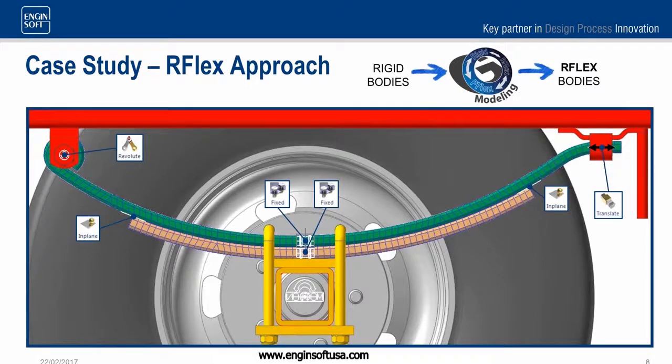Okay, first of all, I have used the G-modeling tool to convert the two rigid parts into RFlex bodies. So two simplified linear representations of the flexibility of the two parts are finally obtained. All the existing joints we have seen before, and that connect the bodies to the other part of the system, are of course preserved, but I have to add some features to the model.